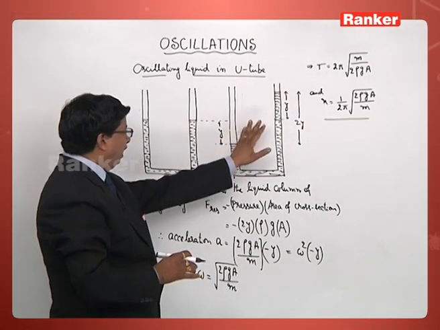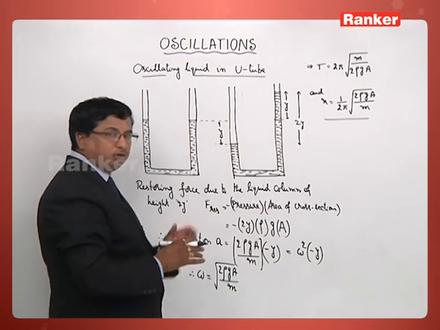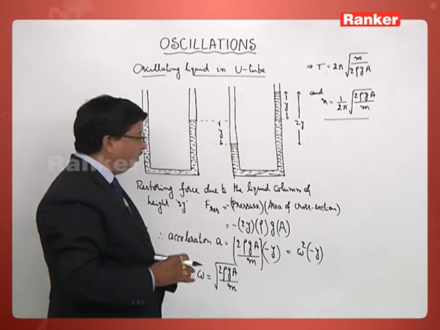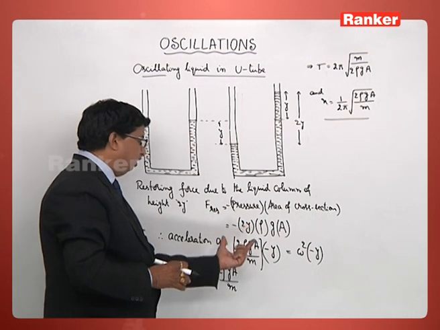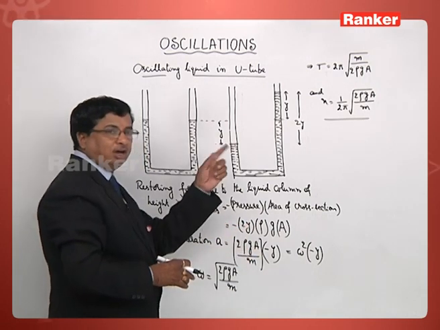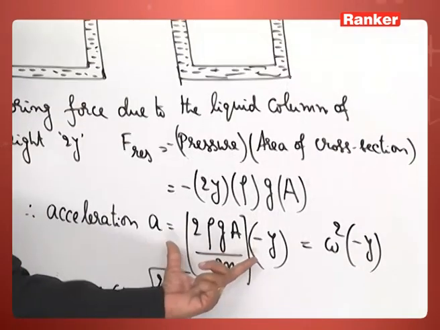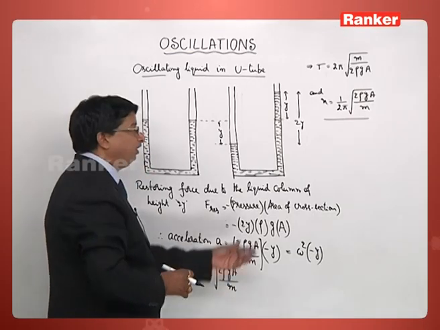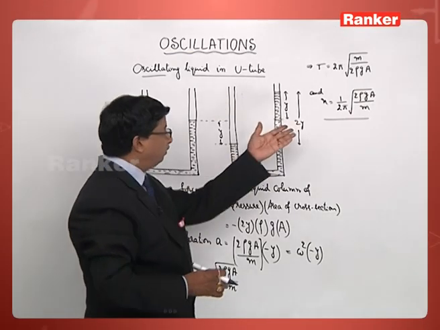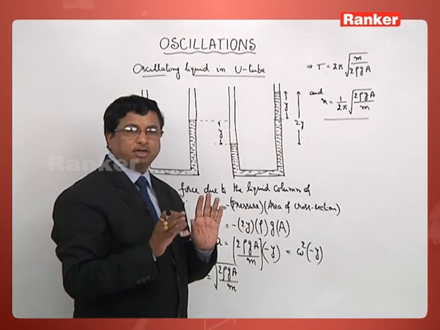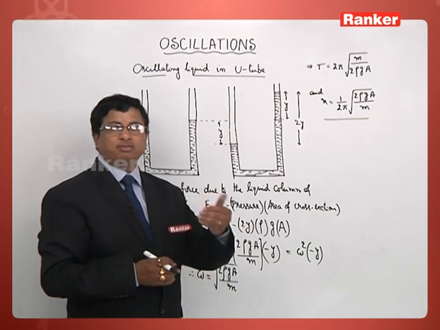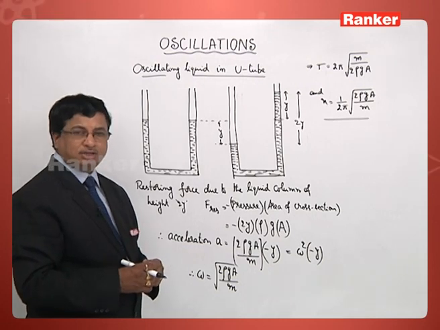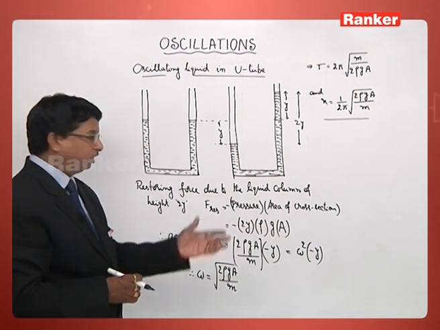So, when the oscillating liquid in the U-shaped tube makes simple harmonic oscillations, what is the basic equation which tells us that the oscillations are simple harmonic? This is the one. After getting this, the angular frequency, time period and linear frequency, everything we can calculate by considering the basic equations. So, this is another example where we can observe simple harmonic motion once again.